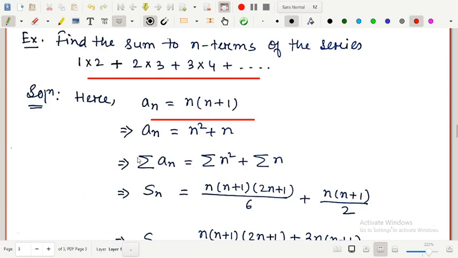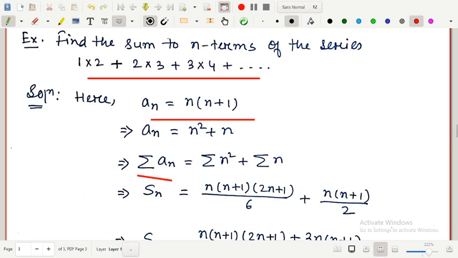Then, take summation on both sides. We are summing a1 plus a2 plus a3, and we continue adding. This is our an. So, a1 will be 1 square plus 1. a2 will be 2 square plus 2. a3 will be 3 square plus 3. So, we are going to add them. So, I just used this summation symbol.